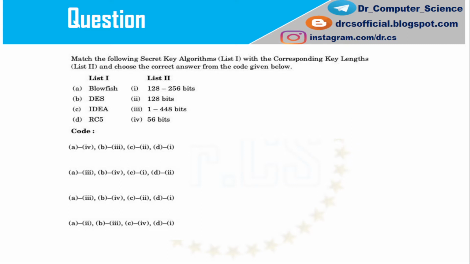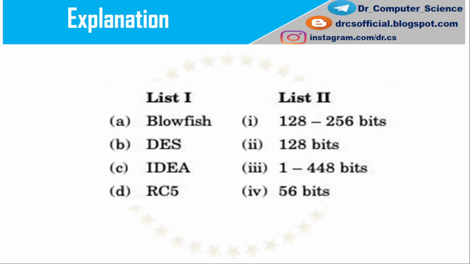List 1: Blowfish, DES, IDEA, RC5. List 2: 128 to 256 bits, 128 bits, 1 to 448 bits, 56 bit. Here the Blowfish key is 1 to 448 bits and DES key size is 56 bits.